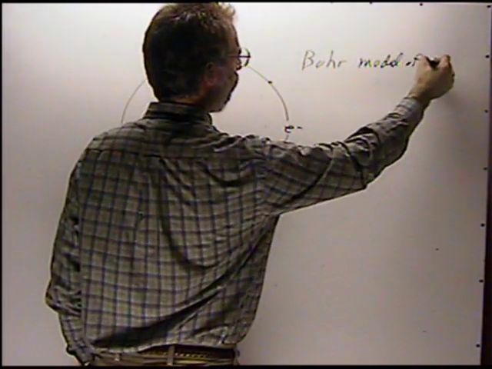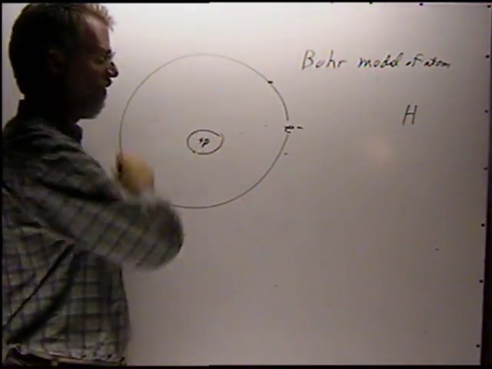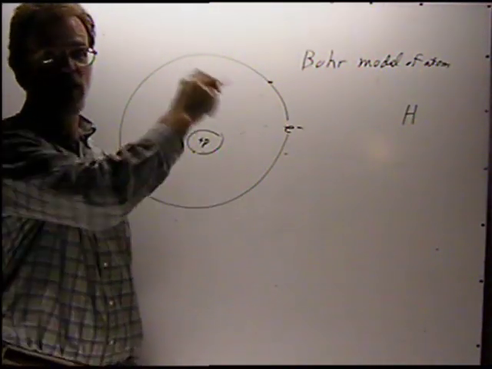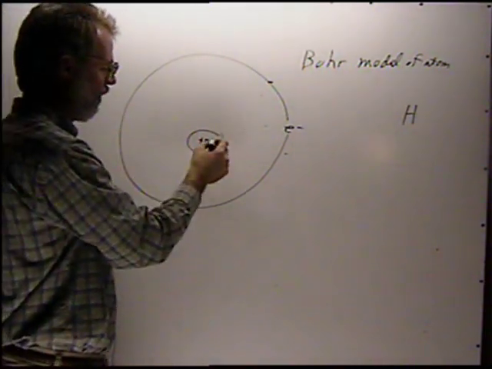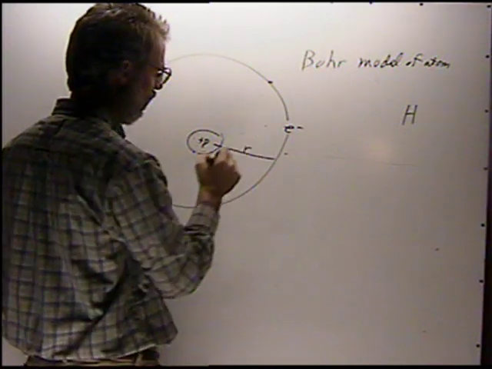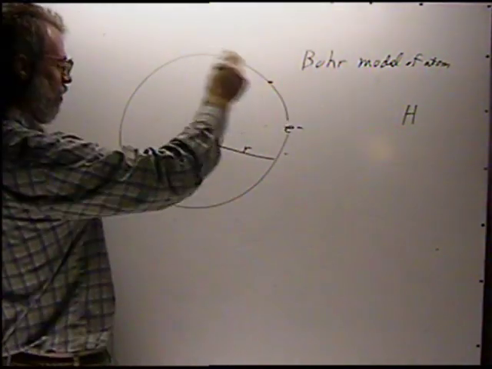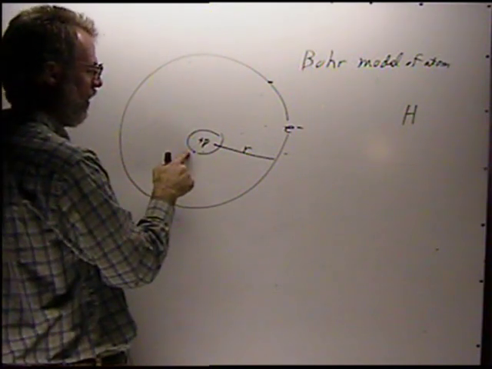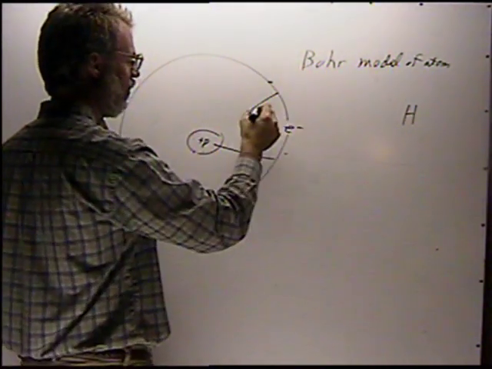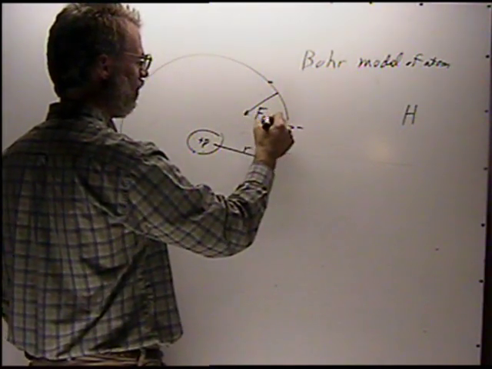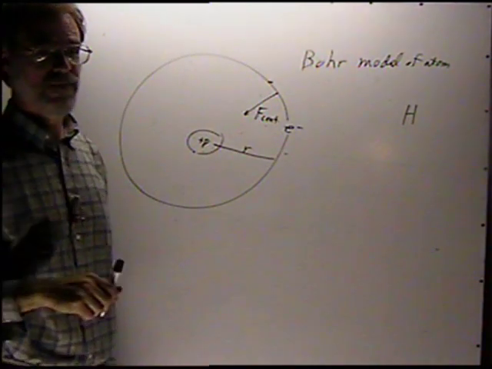The Bohr model of the atom, B-O-H-R, is that the electron is simply flying around in orbit, orbiting around the proton right here. So we have a certain radius here, and if the electron is moving around the nucleus in a circular motion, there must be a centripetal force holding the electron in orbit.